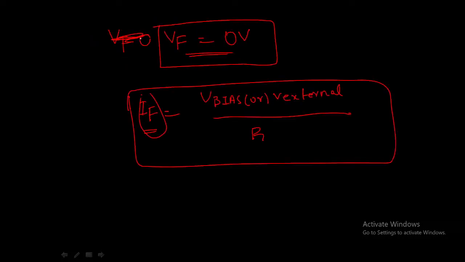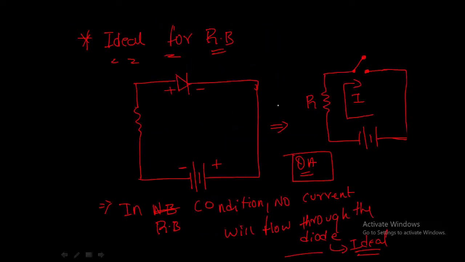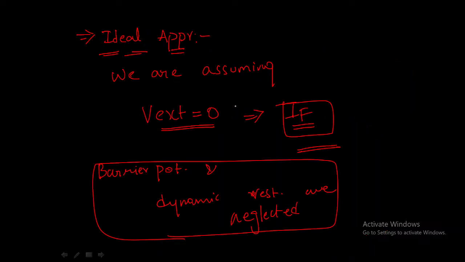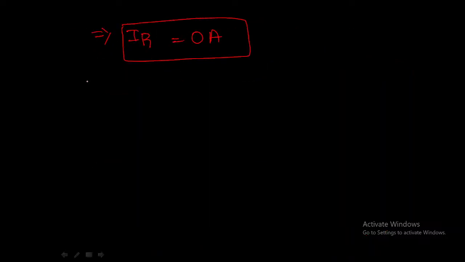Now, what is VR, the reverse bias voltage? VR will be equal to simply the bias voltage. So I'll write it here. The reverse voltage VR is equal to V bias.